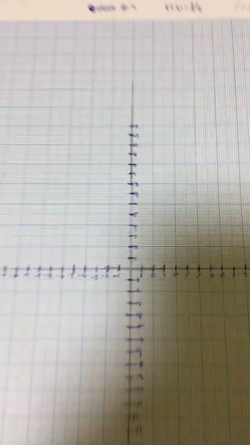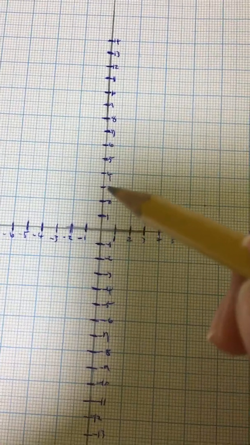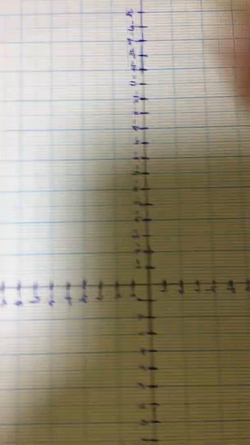Now let me see if I can draw this straight enough.